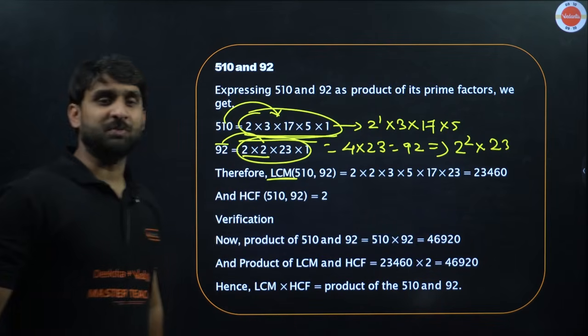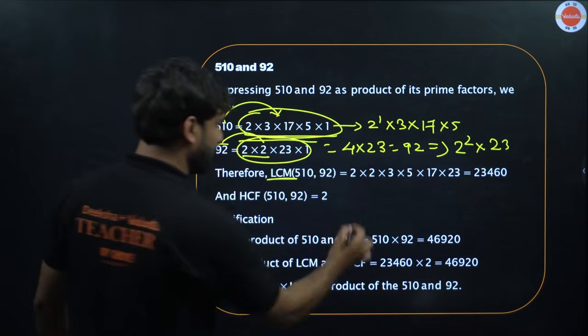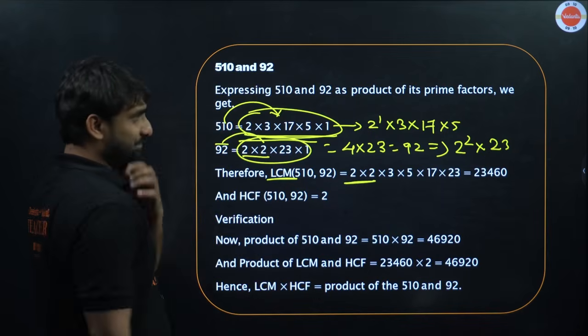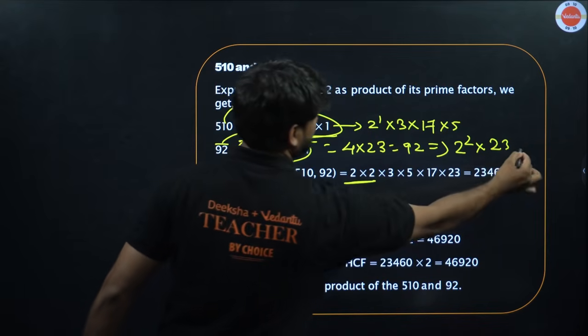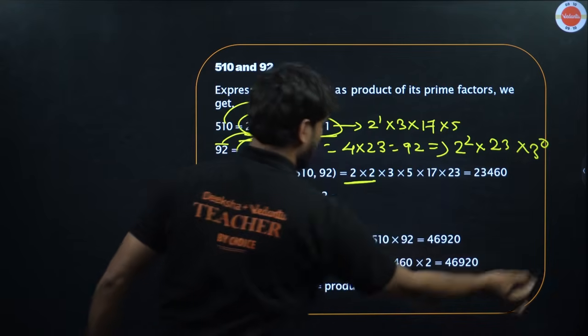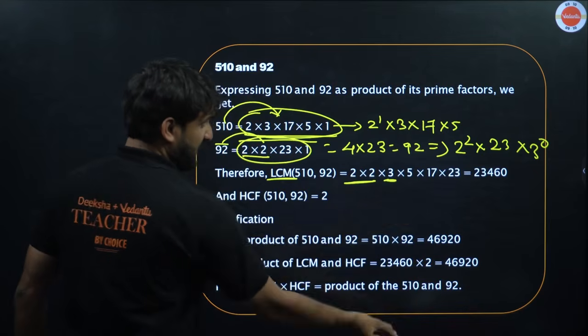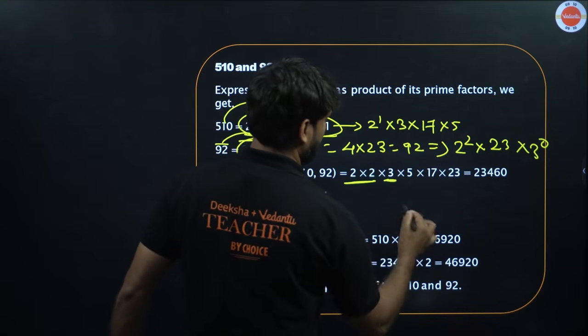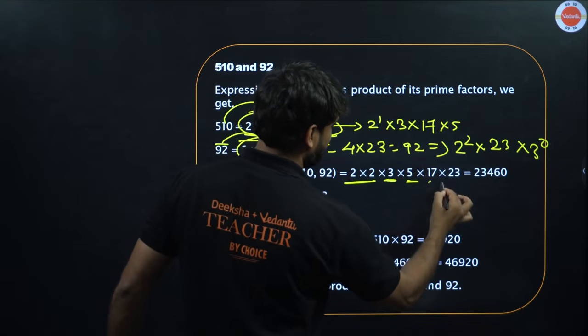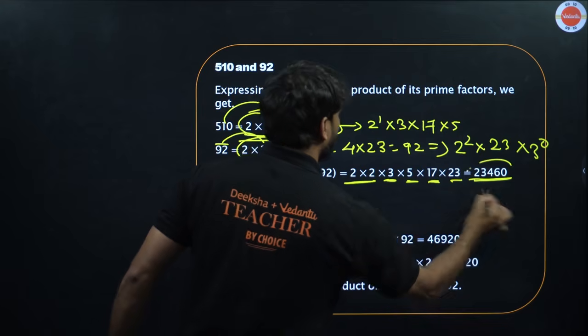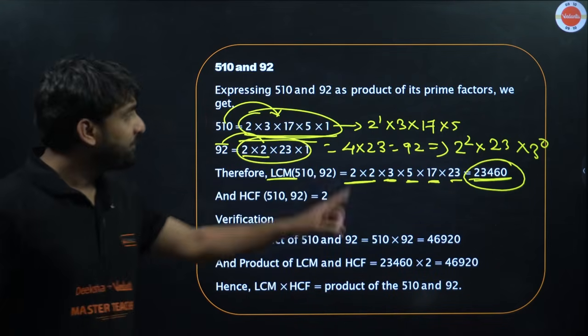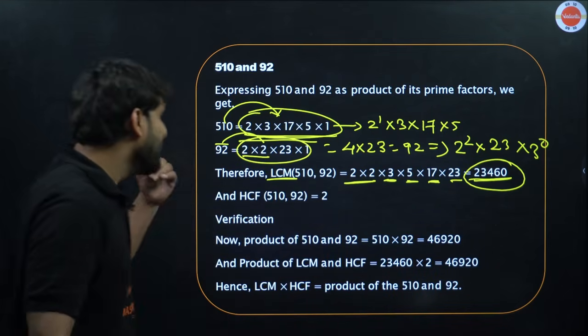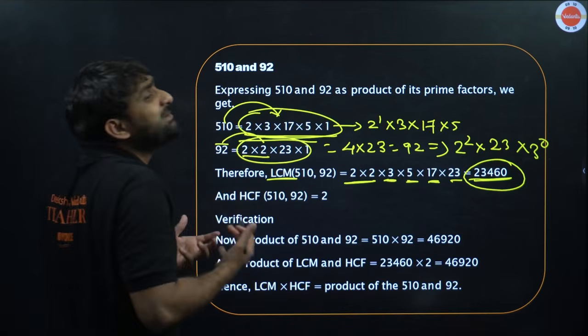Which is the highest power? 2 to power 2, so we take 2 to power 2. Here is 3, but here there is no 3, so we consider 3 to power 0, so only 3 is taken. Similarly 5 is here but not here, so only 5. 17 is here and 23. By multiplying these, we get 23,460 as the LCM.